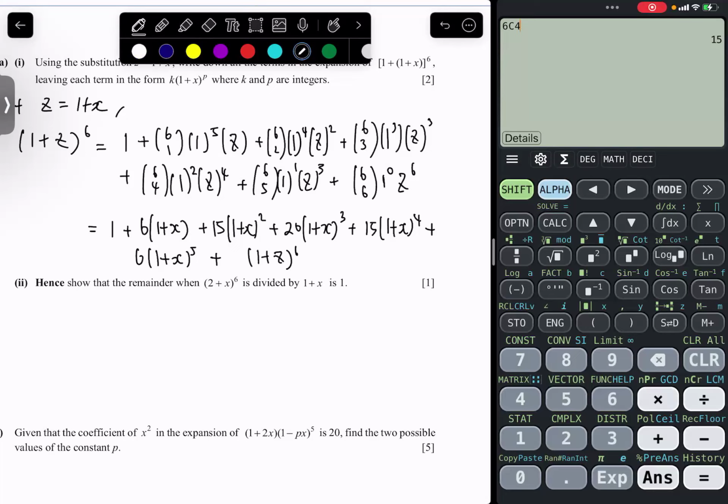Hence, show that the remainder when (2 plus x) to the power of 6 is divided by 1 plus x is 1.